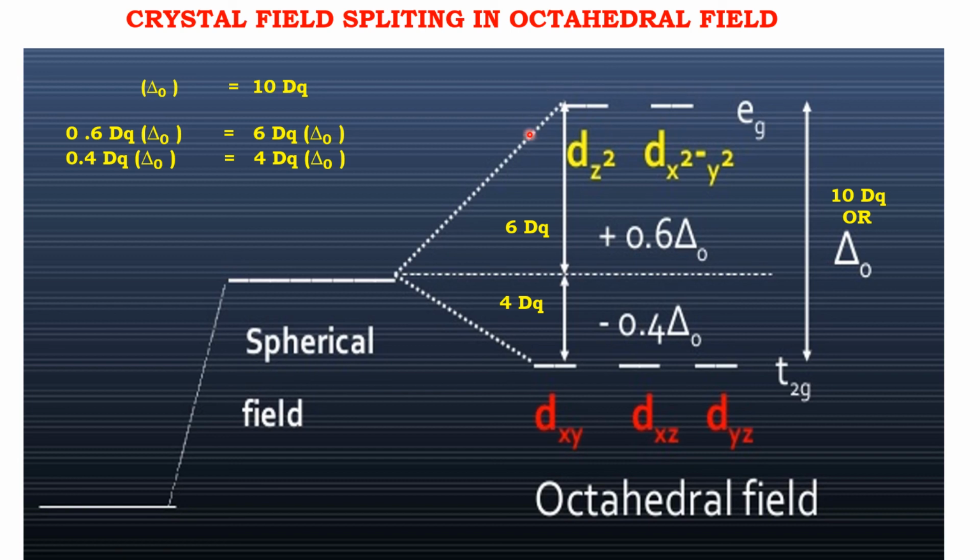So the energy of dz square is plus 6dq and for dx square minus y square again plus 6dq. So plus 6 and plus 6 is plus 12. Here at the bottom minus 12. So how much energy is stabilized by dxy, dxz and dyz, that magnitude of energy is the same as the destabilization of Eg orbitals.